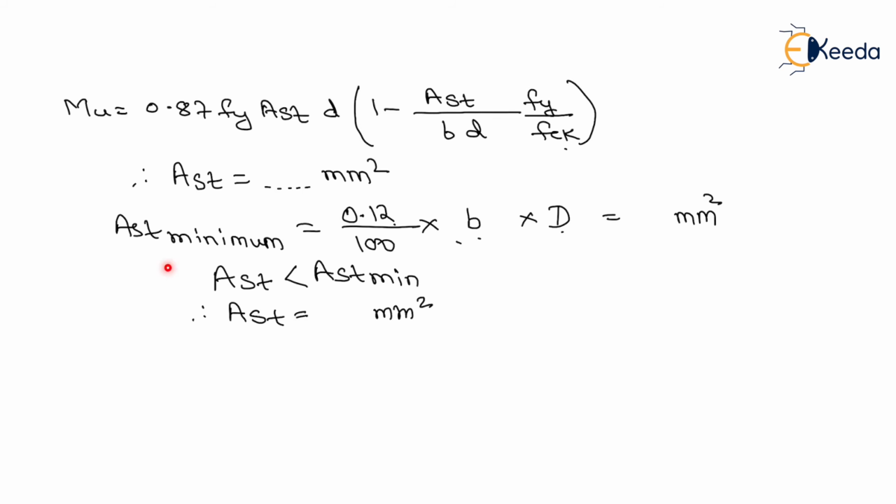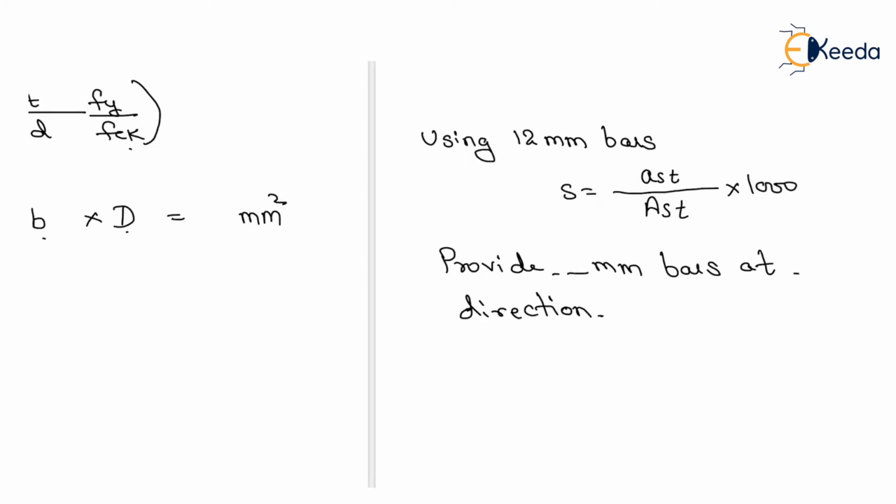Now we will calculate AST minimum by using formula 0.12 upon 100 into B into D. This formula is used for Fe 415 and 500 steel, and for 250 grade steel we will use 0.15% of B into D. Since AST is less than AST minimum, we will provide AST in mm square.